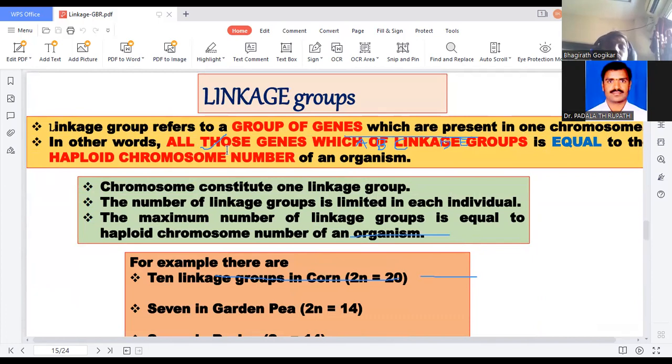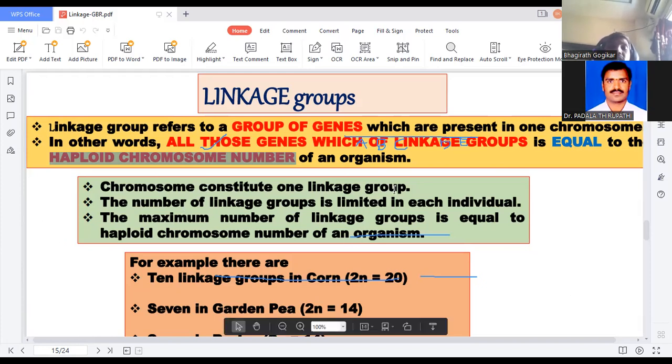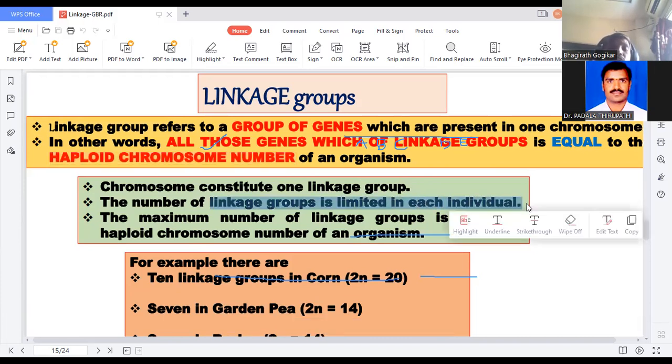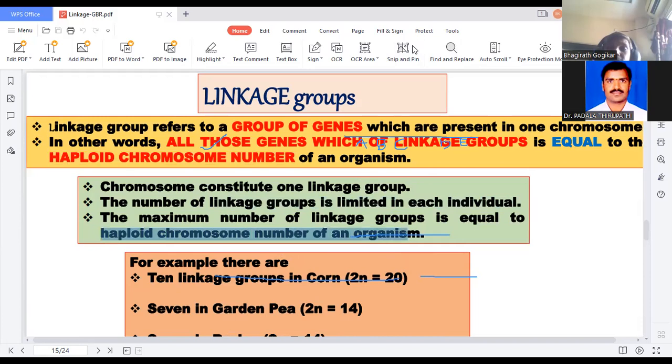This is very important, you can remember this point: the haploid chromosome number of an organism is equal to the linkage group number. Each chromosome constitutes one linkage group. The number of linkage groups is limited in each individual. The maximum number of linkage groups is equal to what number? Haploid chromosome number.